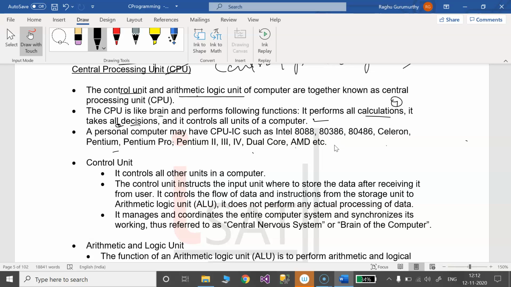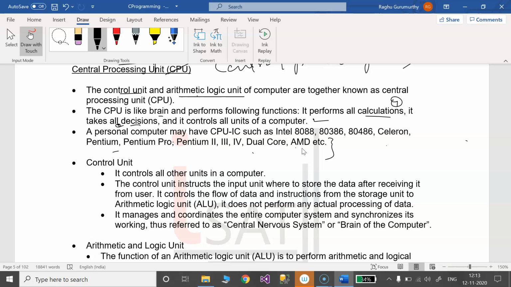See, what they are telling at this point: a personal computer may have a CPU IC such as Intel 8088, 80386, 80486, Celeron. The thing is, here the central processing unit consists of an integrated chip, that is nothing but IC. So we are going to call it a processor. A processor is nothing but an integrated chip meant for calculations, which comes in different flavors.